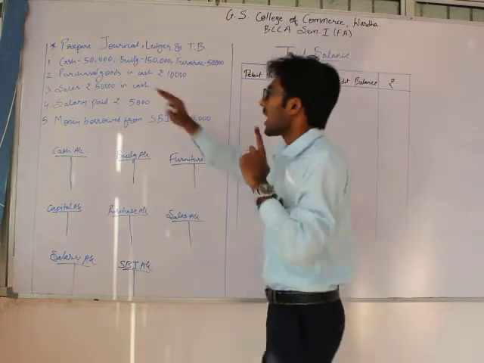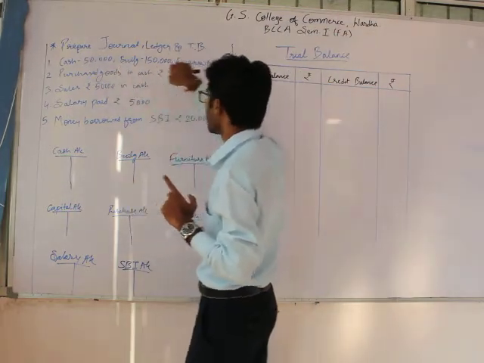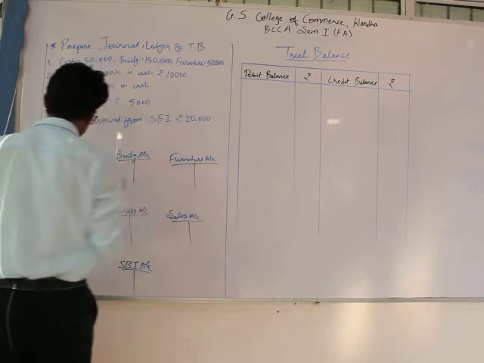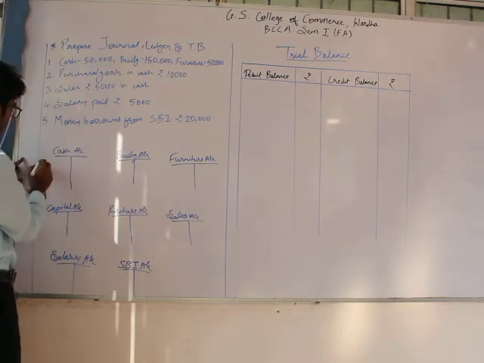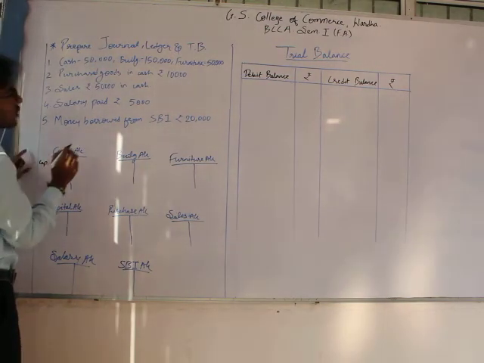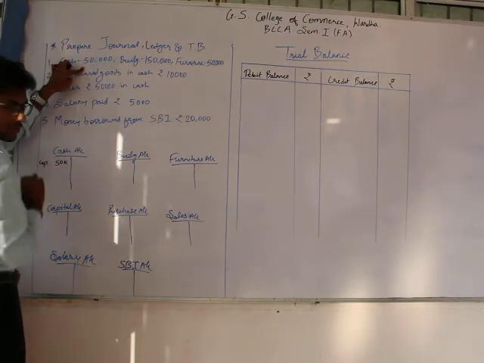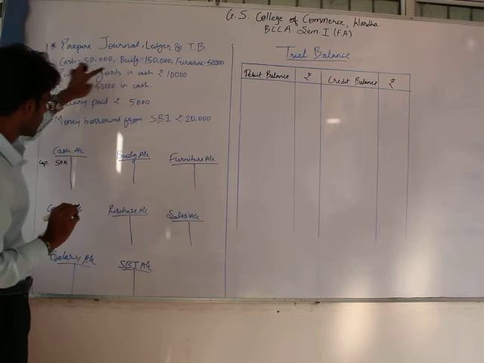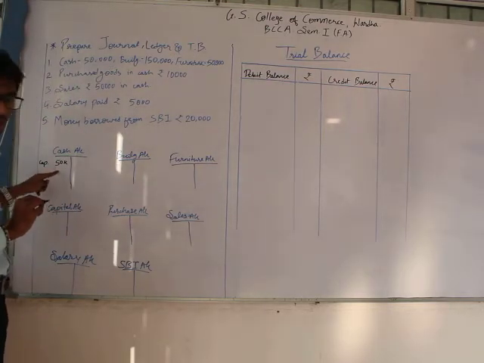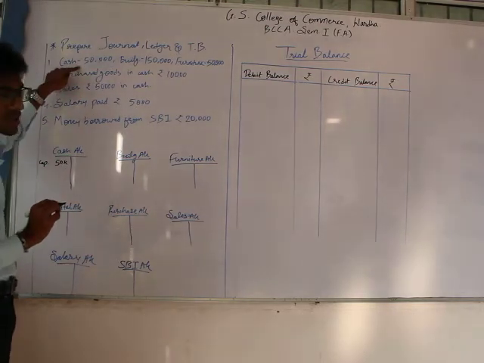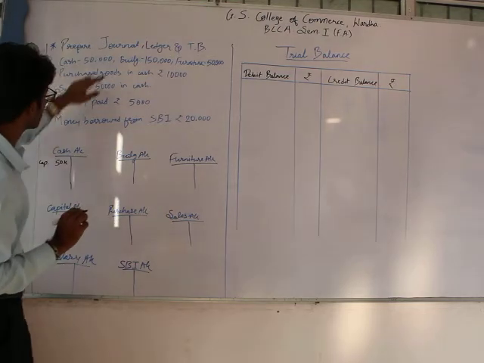So in the debit side of cash, I am going to write capital account rupees 50,000. Why am I putting it on the debit side? Because cash is debited here. Cash 50,000.